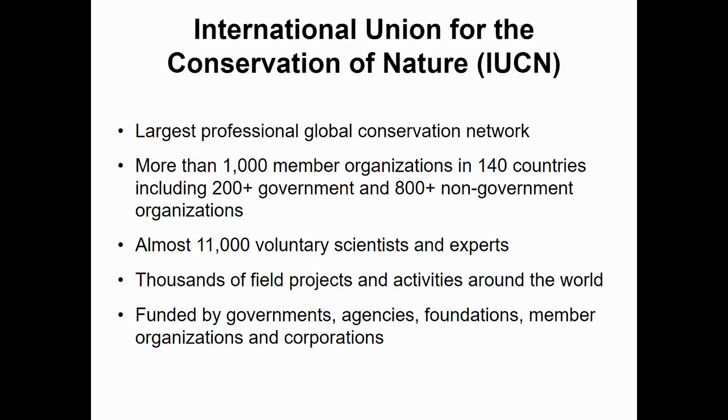This is the largest professional conservation network, with over 1,000 member organizations, 140 countries, more than 200 governments, and more than 800 non-government organizations. So thousands of voluntary scientists are doing all types of field projects and activities around the world, funded in a whole bunch of different ways.